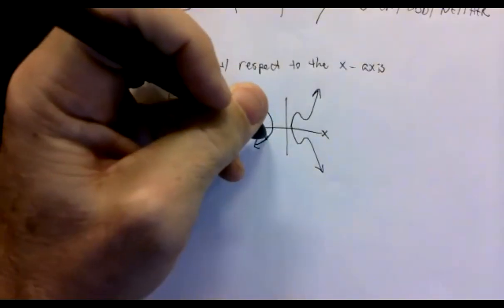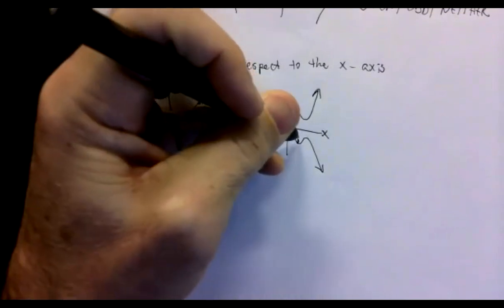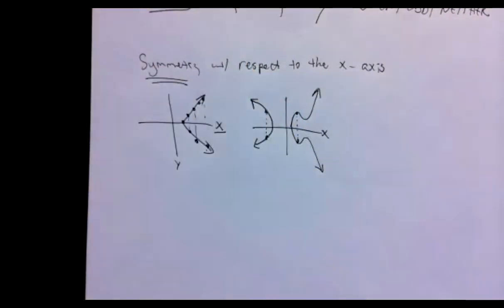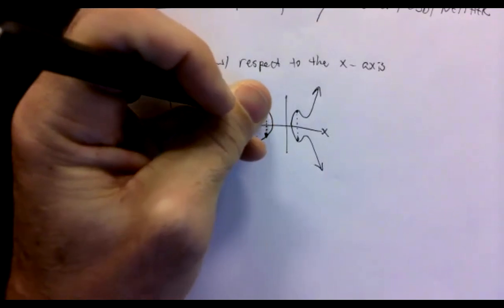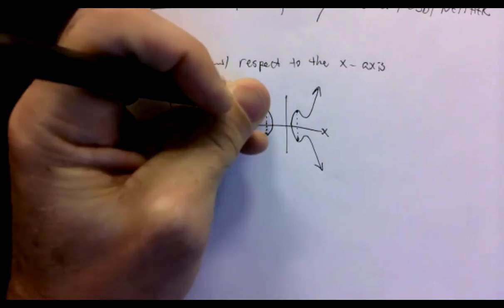So again, if each point has a reflection in the same location across from the x-axis, then you have symmetry. Yeah, so each point on the y would have a mirrored reflection that's equidistant from the x-axis.